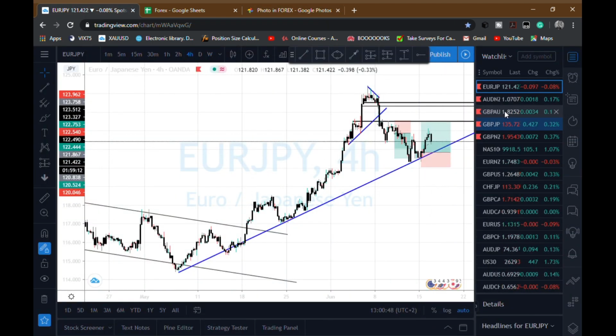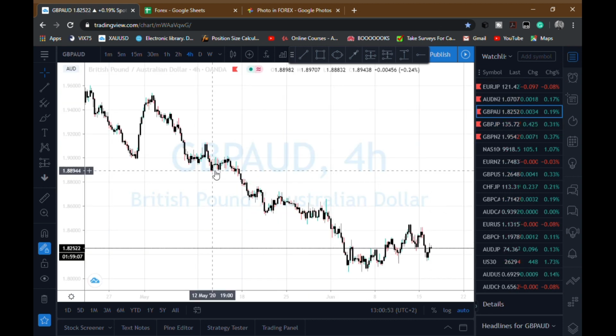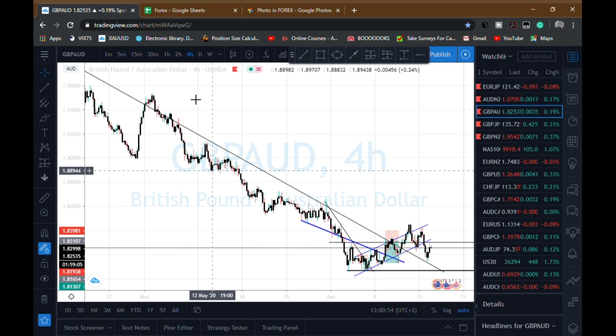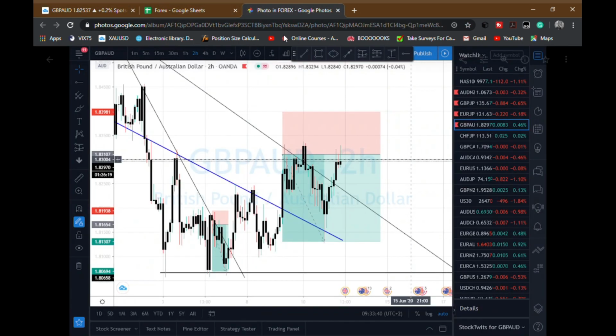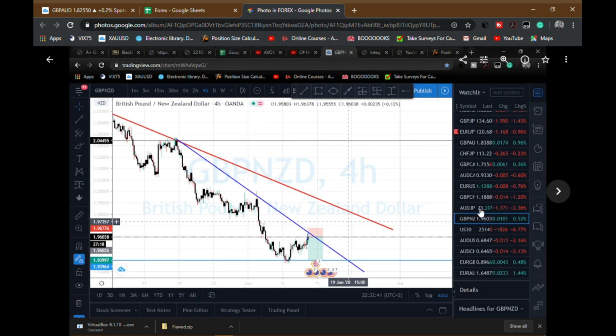So GBPAUD, our first trade. So how I trade is very simple, guys. My strategy is very simple, and I'm going to show you that now. Yeah, how I trade is I find a very clear trend line.